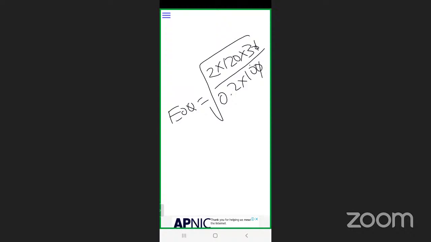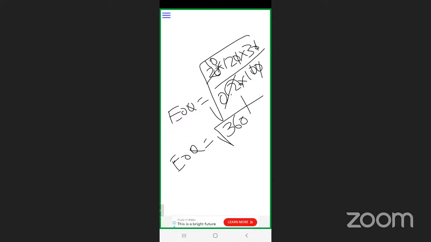A 0 is cut, 0 is cut. I think we can cancel a 0 here. So EOQ is equal to under root of 12 threes are 36, 36 tens are 360. Under root of 360 is almost 19.